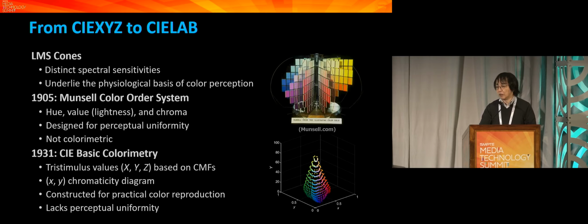And in 1931, the CIE standardized the basic colorimetry with tristimulus values XYZ, based on the color matching functions, and also introduced the xy chromaticity diagram. The colorimetry was constructed for practical color reproduction. For example, Y corresponds to luminance, but the space lacks perceptual uniformity.